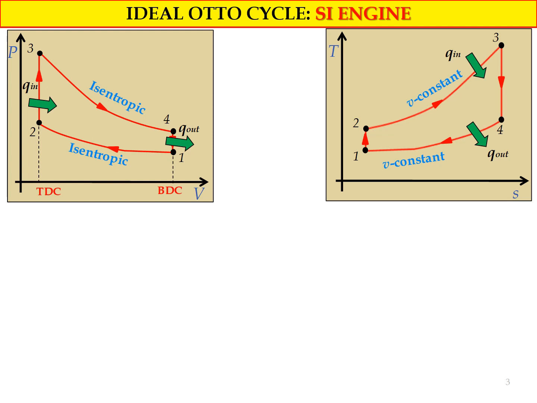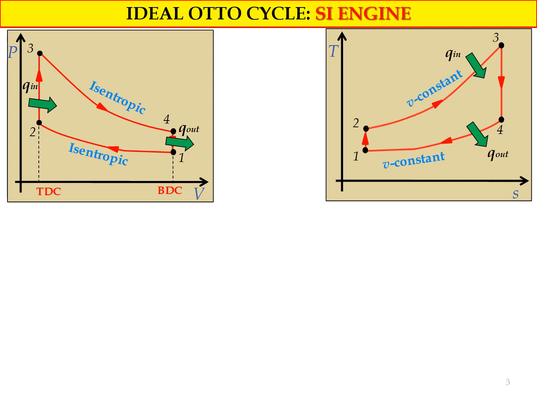If you look at the TS diagram for the second process, from state 2 to state 3, we have an increase of temperature, and due to the increase of temperature, the entropy value also increases.